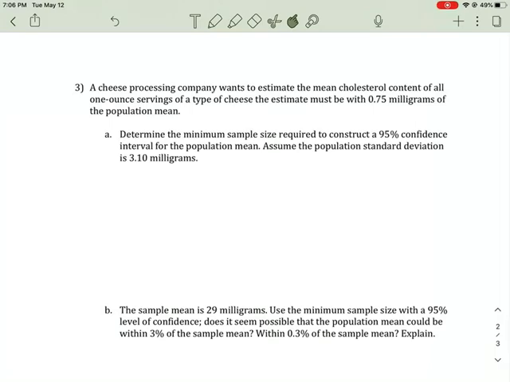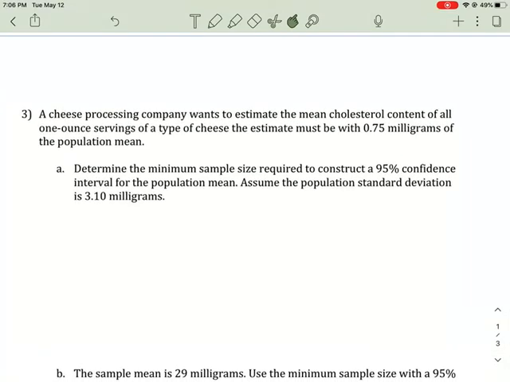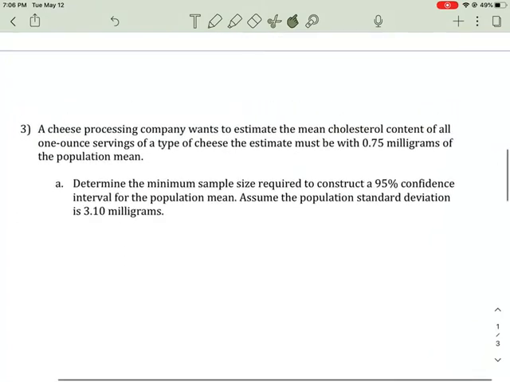All right, a cheese processing plant wants to estimate the mean cholesterol content of all of its 1 ounce cheese servings. Okay, they want to estimate within 0.75 grams of the population mean. We want to determine a sample size with 95% confidence. Assume the population standard deviation is 3.1. All right, so let's see.